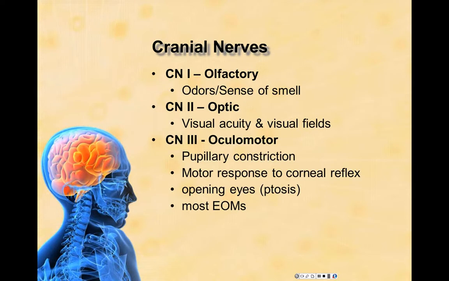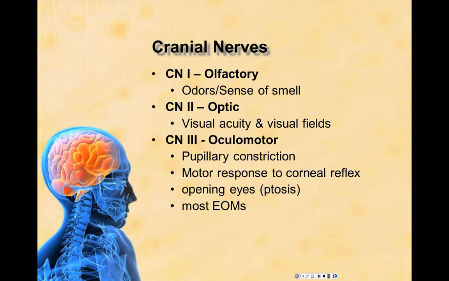It's also the motor response to the corneal reflex, which is touching a wisp of cotton to the cornea. That's different than the corneal light reflex, which we'll talk about later. But the motor response to the corneal reflex is controlled by the oculomotor, or cranial nerve 3.